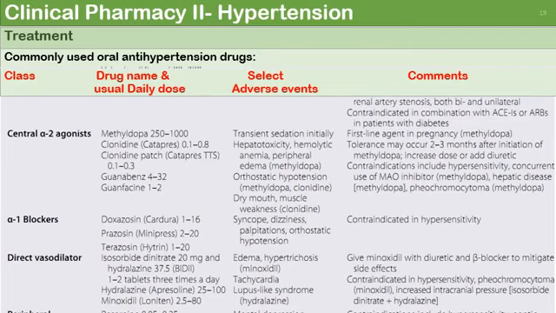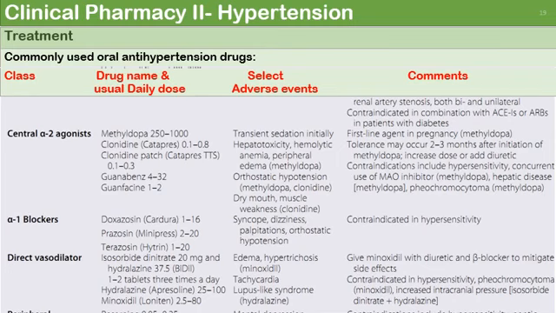Central agents include methyldopa, clonidine, and guanfacine, alpha-2 agonists that reduce the release of vasopressor adrenaline, like methyldopa, the clonidine patch, and guanabenz. They may cause transient sedation initially. Hepatotoxic effects and hemolytic anemia occur especially with methyldopa, peripheral edema with methyldopa, and orthostatic hypotension with clonidine.